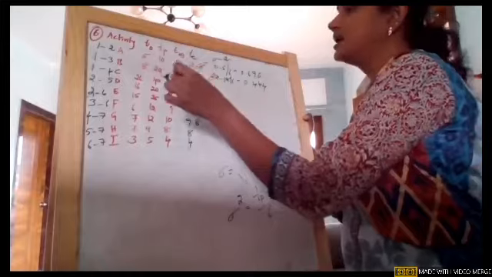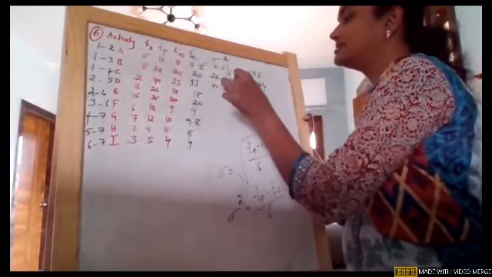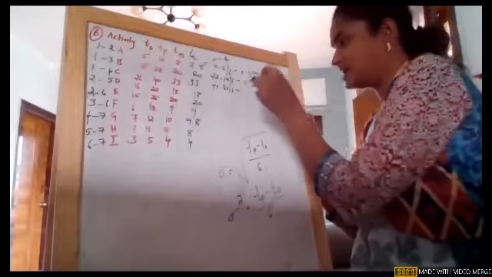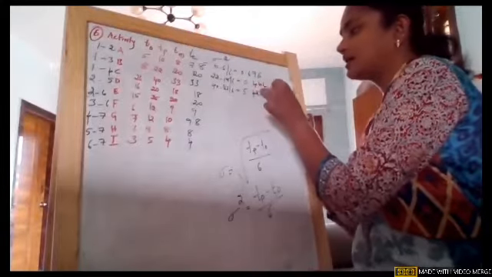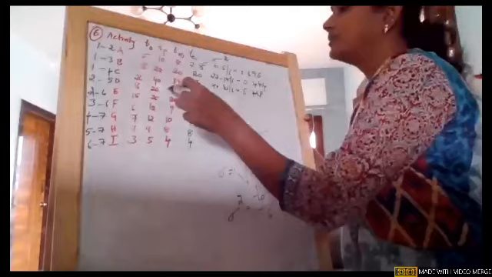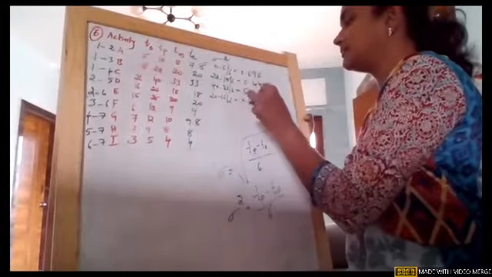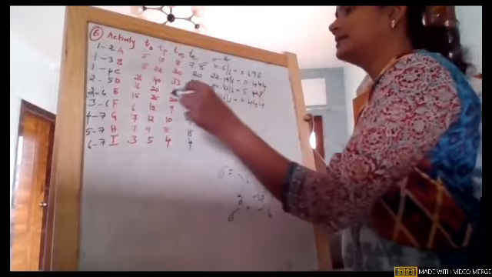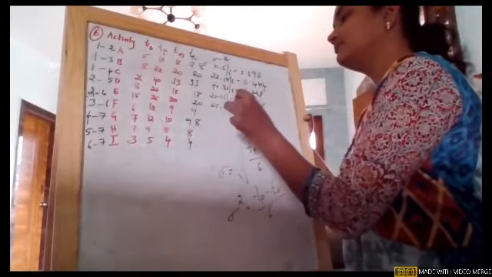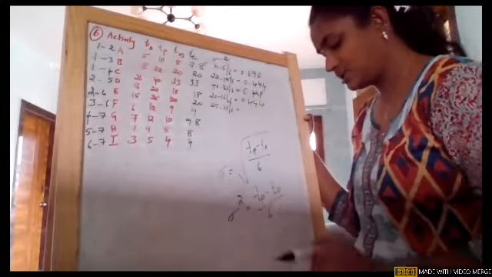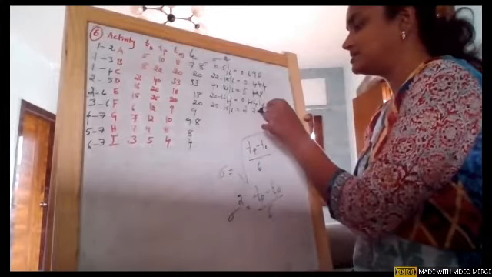The next one is 40 minus 26 divided by 6, which we got as 5.429. The next one is 20 minus 16 by 6, which is again 0.444. Then 25 minus 15 divided by 6, which is 10 by 6, and we got 2.780.